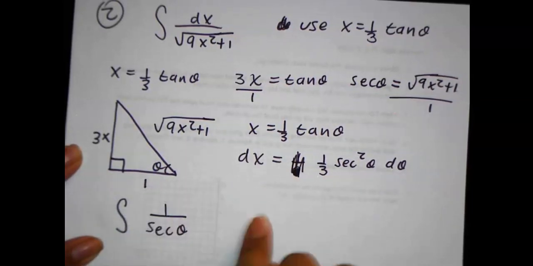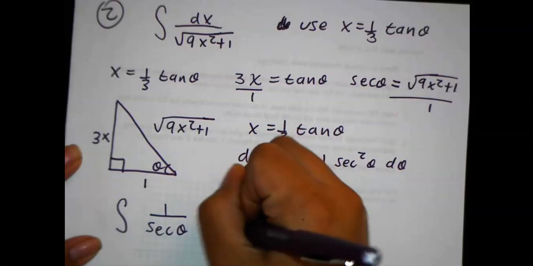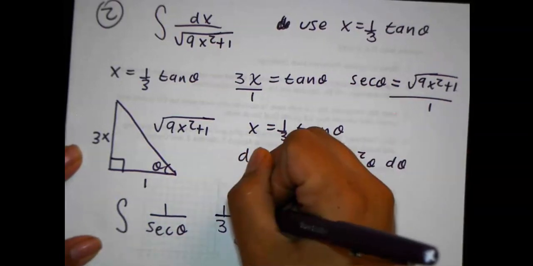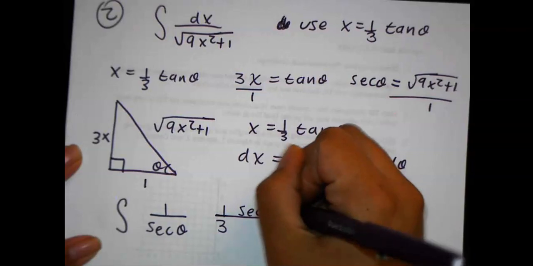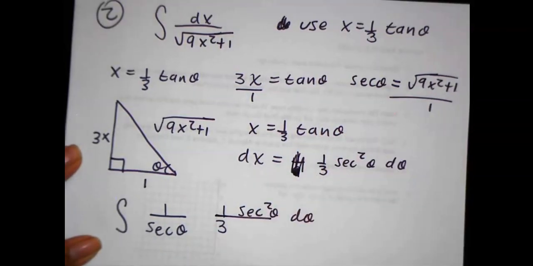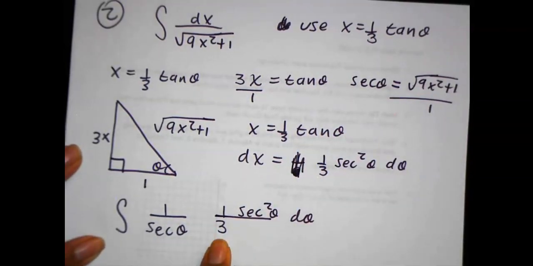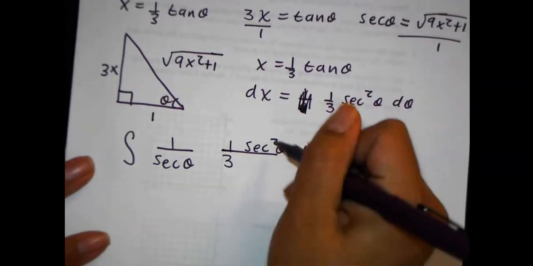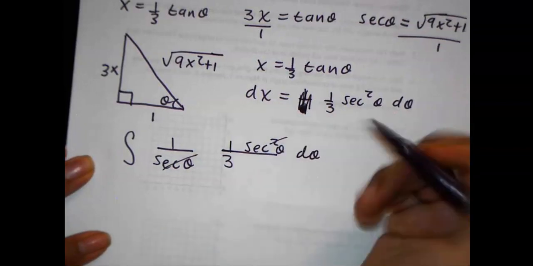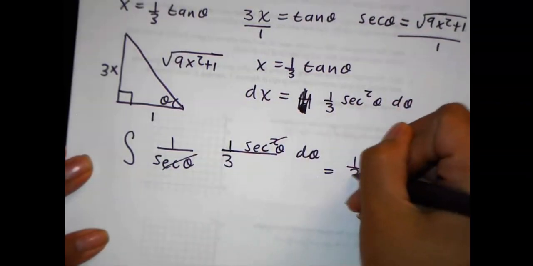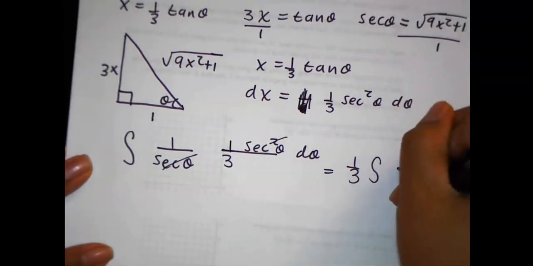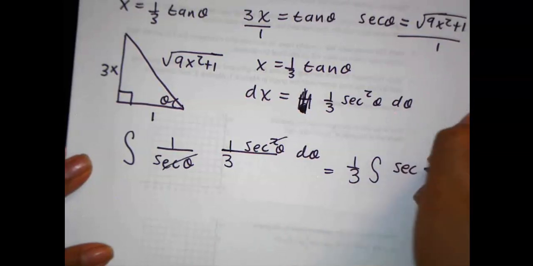My dx, I'm going to write it over here on the side, and I have the 1/3 and then secant squared of theta. So the 1/3, I can bring outside. One of the secants cancels with the denominator, so it simplifies to 1/3 integral of secant theta, d theta.